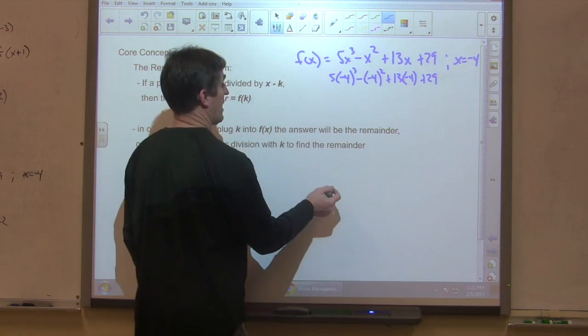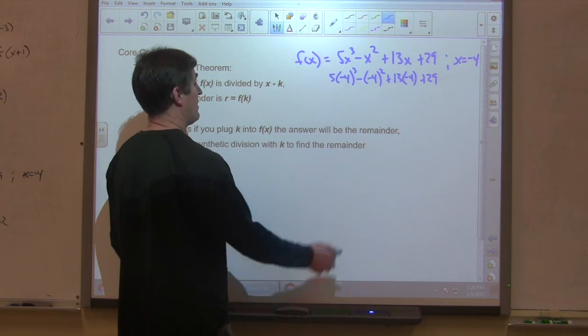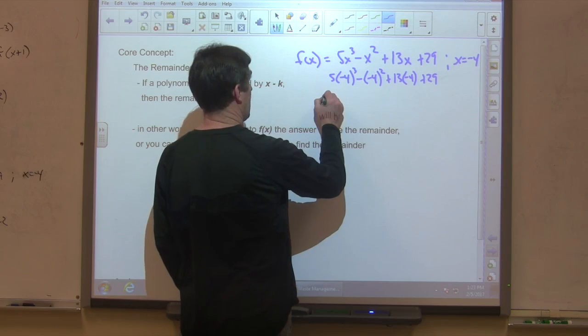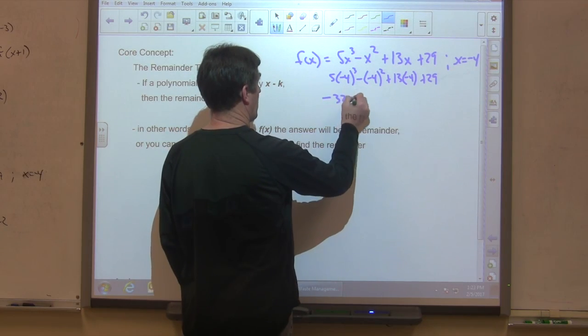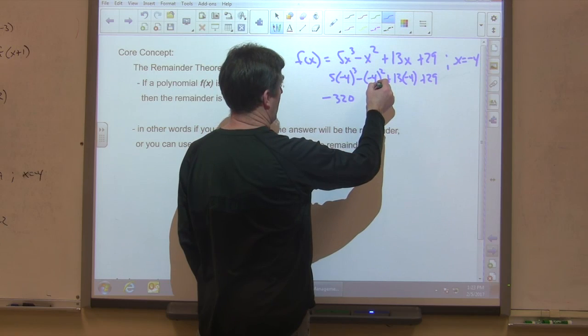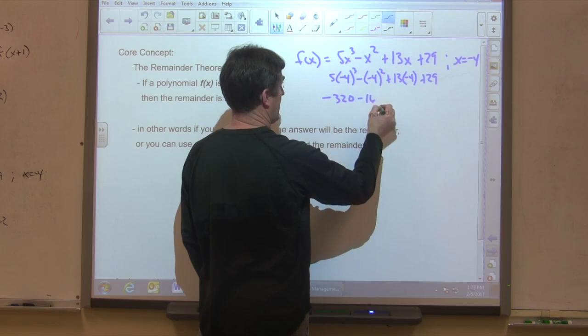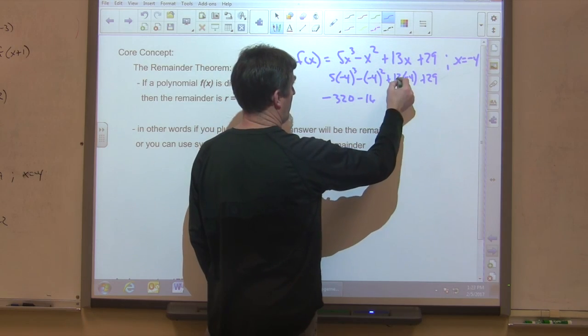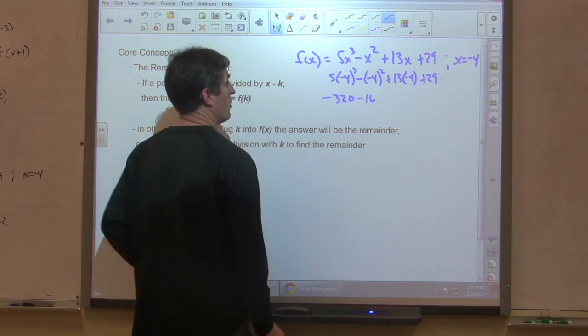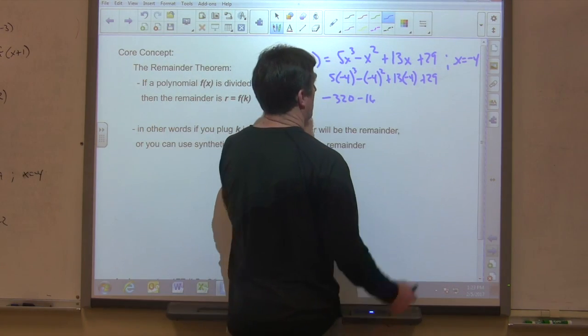So if we were to take this out, that would be a negative 64 times 5 would be a negative 320, if I've done that right. And then we would have 16, so minus 16. 13 times a negative 4 would be 40 and 12, 52.